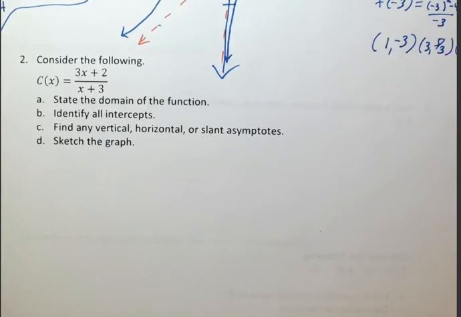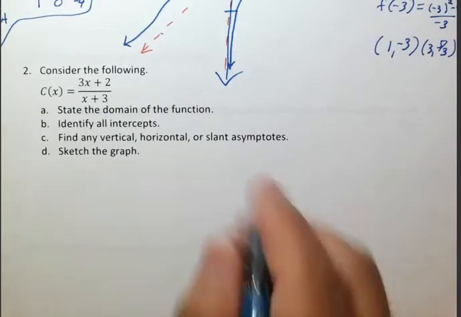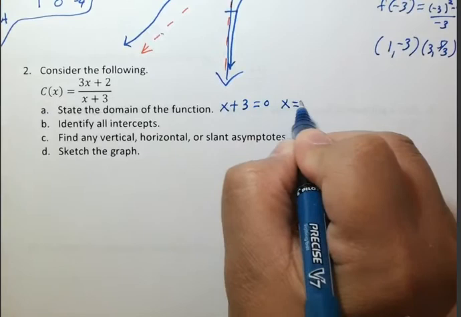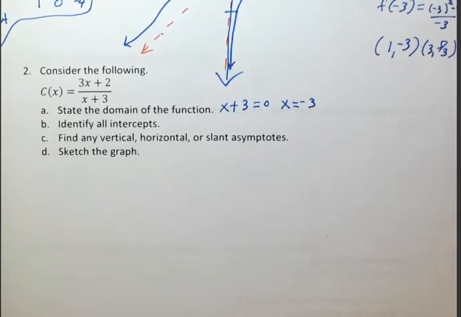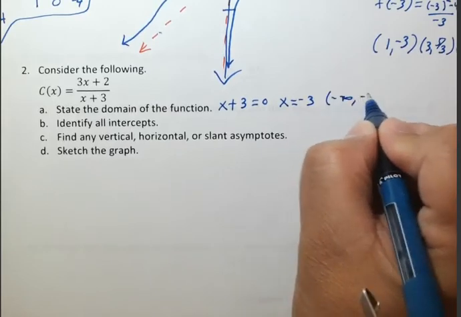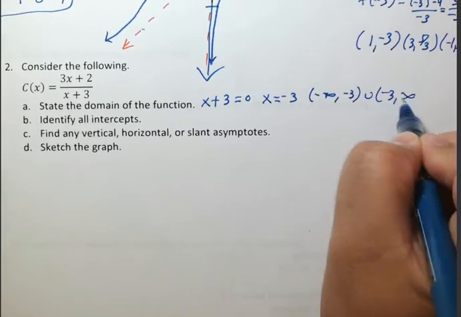Since I have a fraction, then I set the denominator equal to 0 and solve for x. So your domain is all numbers except for -3. So that would be from -infinity to -3, union -3 to infinity.